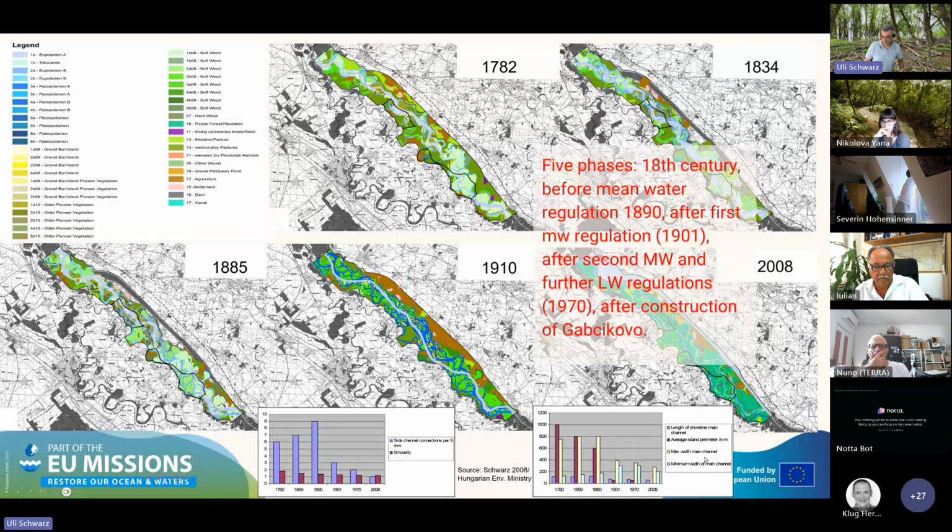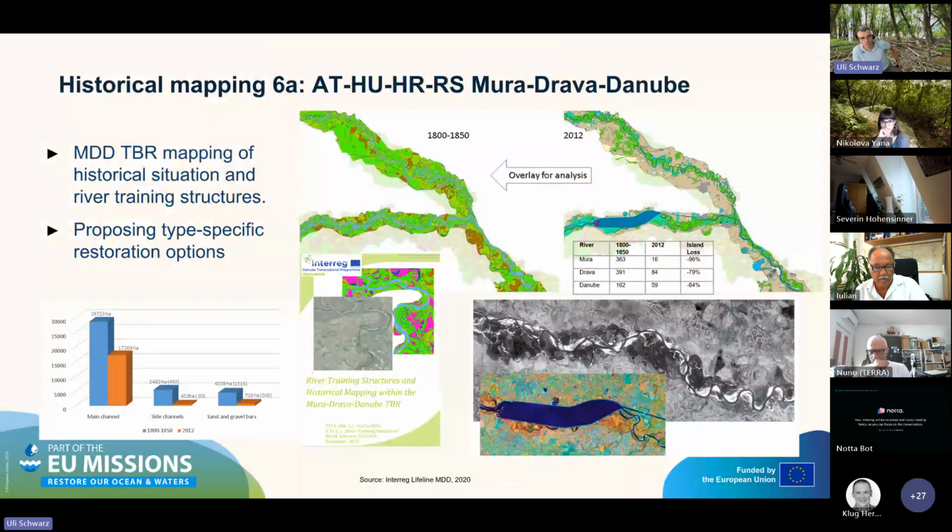The maximum width of the main channel is changing. Minimum width of the channel is too, so it's a homogenization of the channel, of course. So it's very helpful. Going a little bit further down the Danube, we talk about the Mura-Drava-Danube river system.